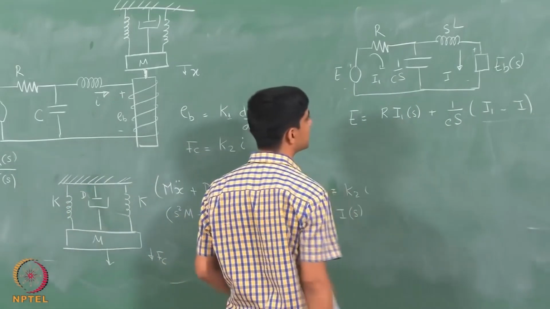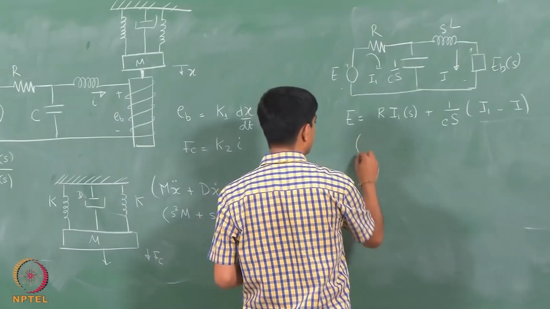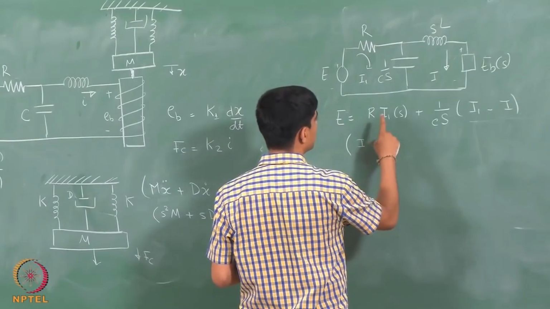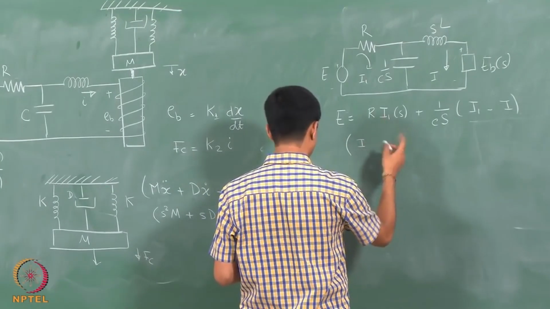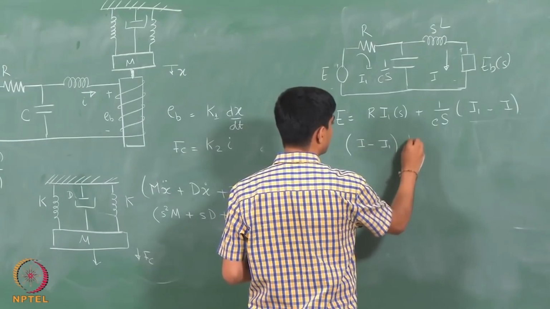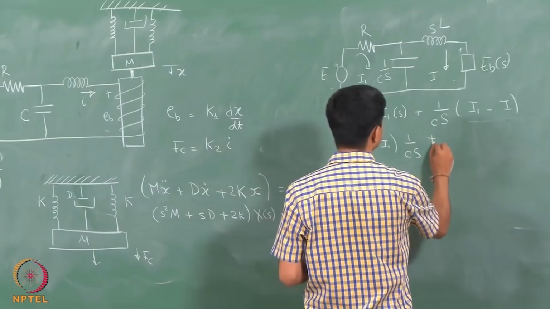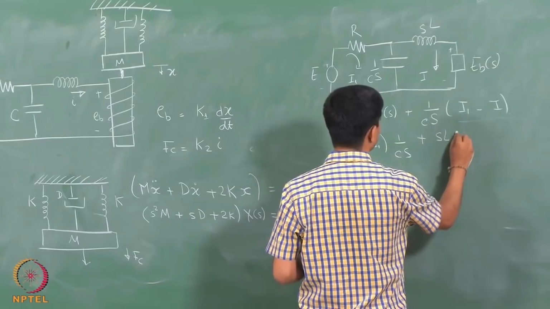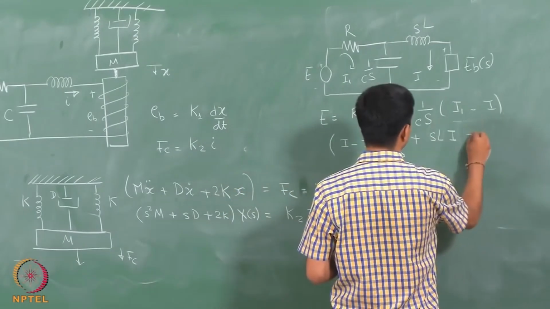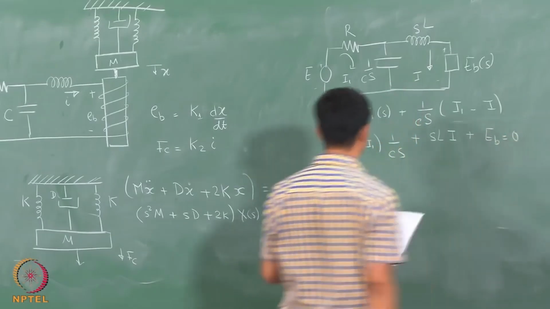And the second expression would be I minus I1 times 1 over Cs plus S L times I, again plus EB is 0.